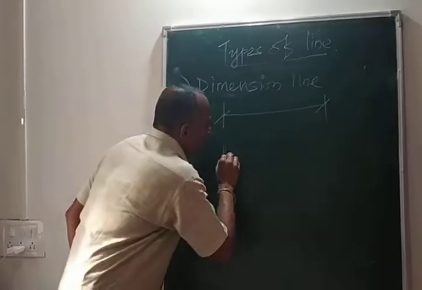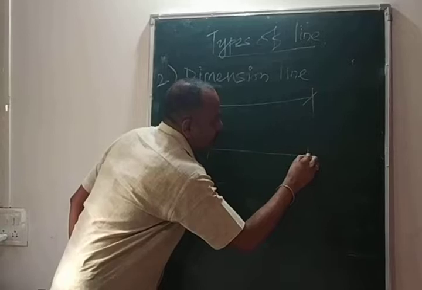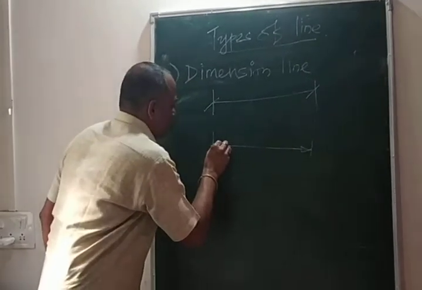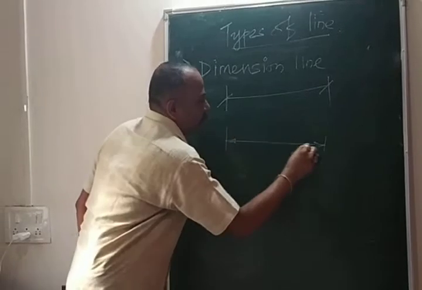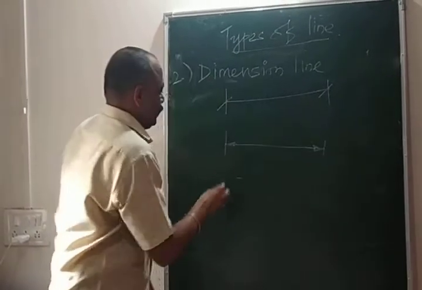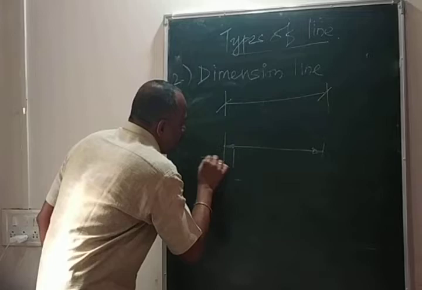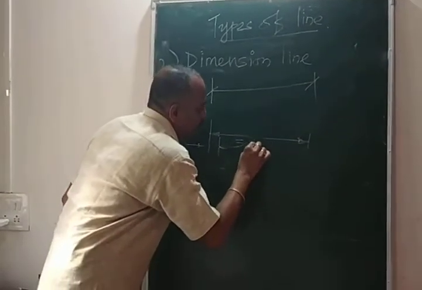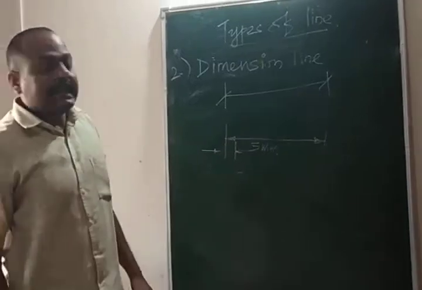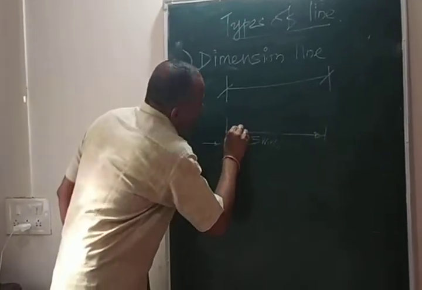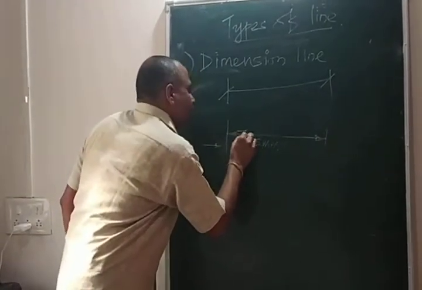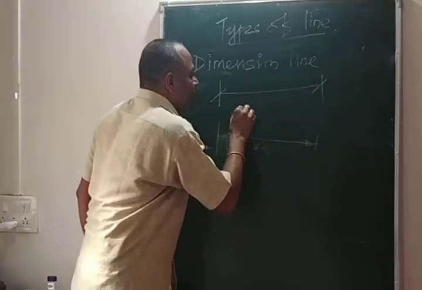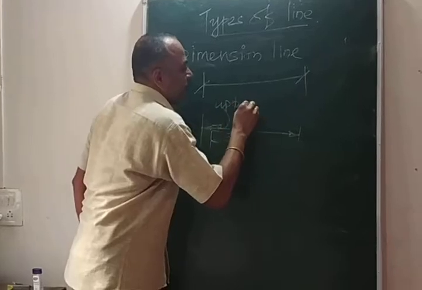Another one is this. The length of this arrow should be 5 mm, not more than that, and the width of this arrow is up to 3 mm.